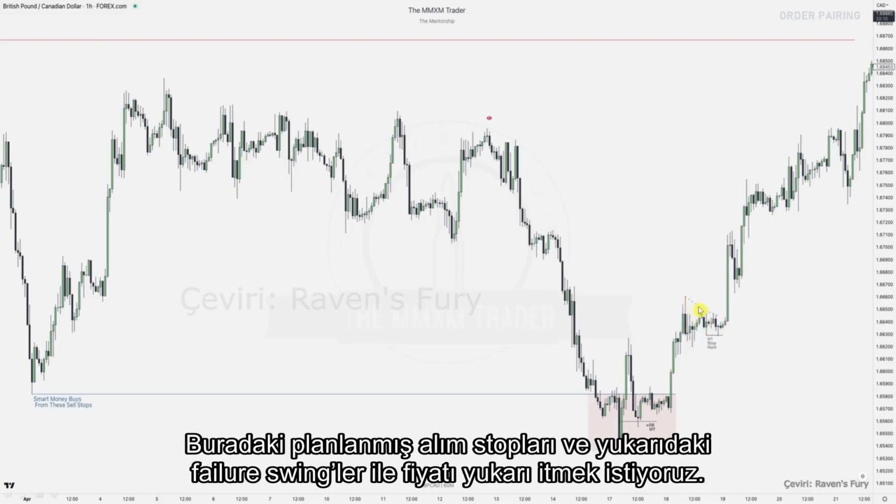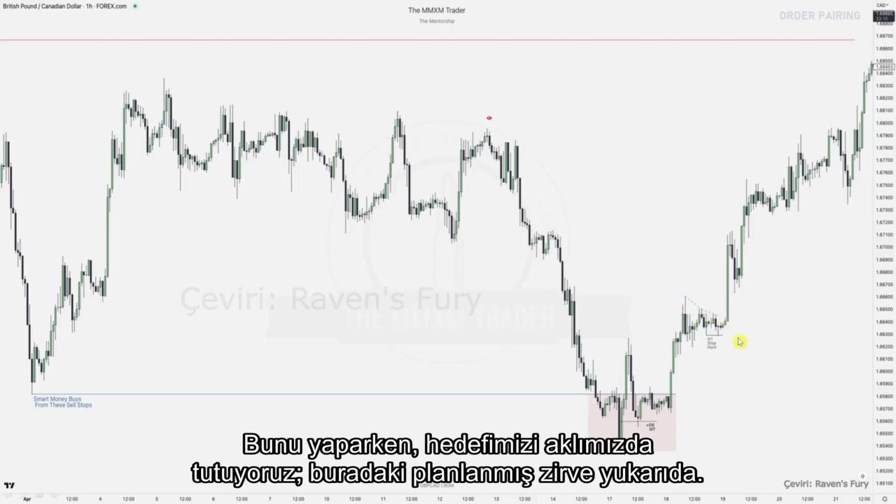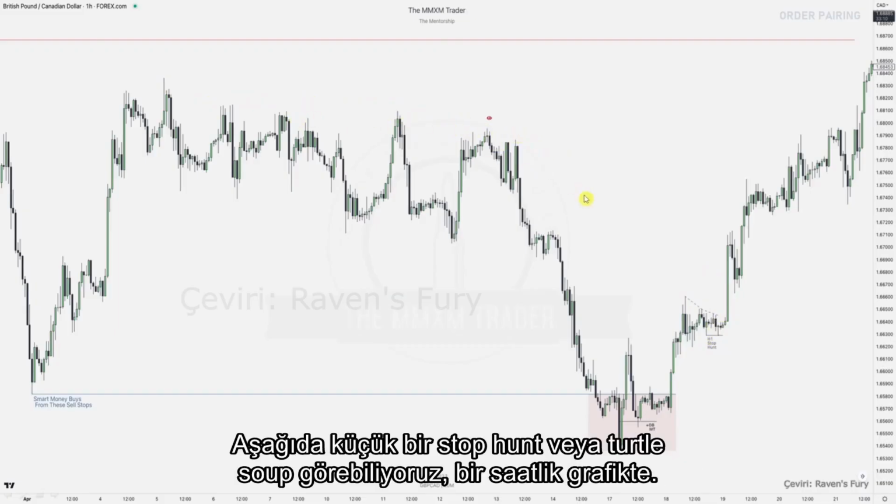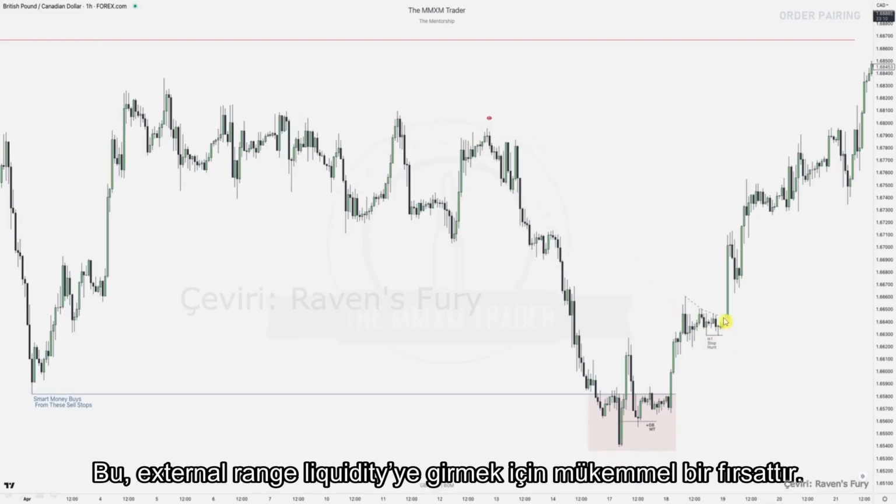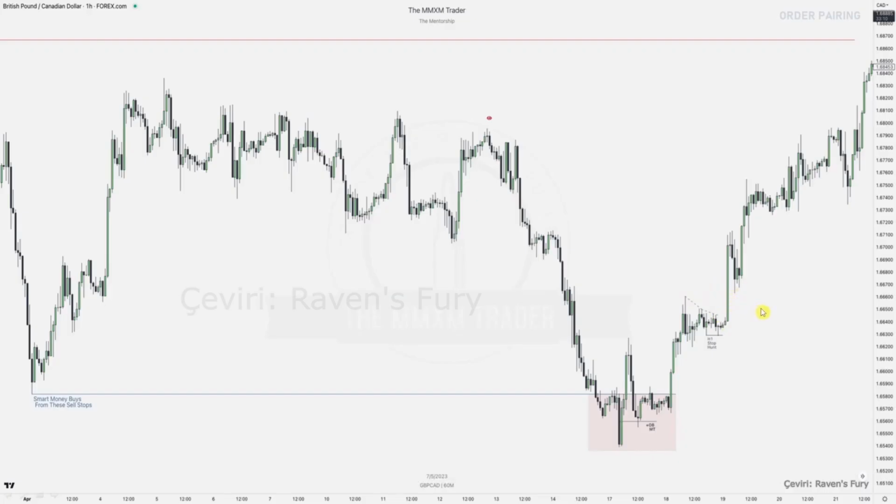Now with these engineered buy stops over here, these failure swings up here, we can assume we want to push up higher, and keep in mind this is our target, right? These engineered highs up here. We can see a little stop hunt down here or a turtle soup on the 1 hour time frame, perfect to go into this external range liquidity.